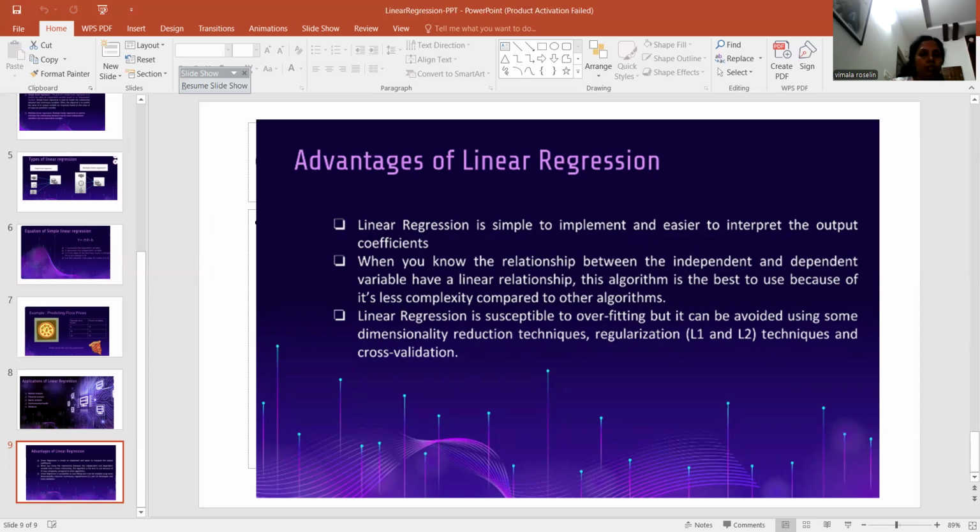When we know the relation between the independent and dependent variables, this algorithm is the best compared to the other algorithms. It has less complexity than other algorithms. It is susceptible to overfitting, but that can be avoided using dimensionality reduction like PCA, regularization techniques like L1 and L2, or cross validation. These are the advantages of linear regression.